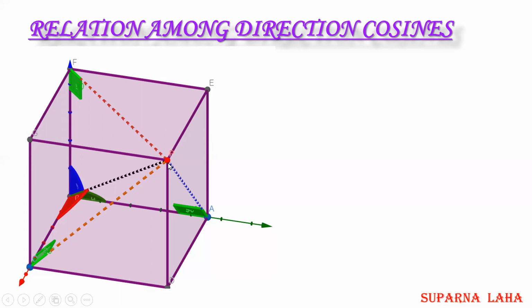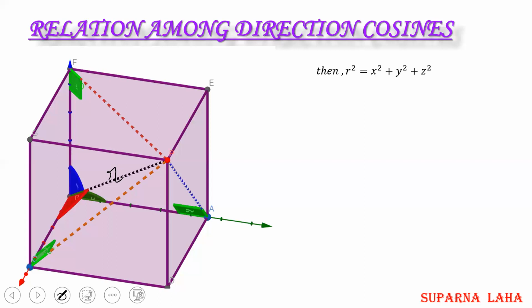Consider any point P and join O and P. This direction is O to P. If we take this as r, what is r? It is the distance between O and P.